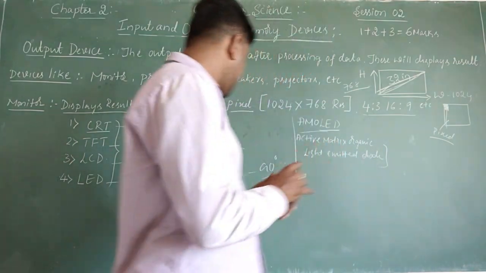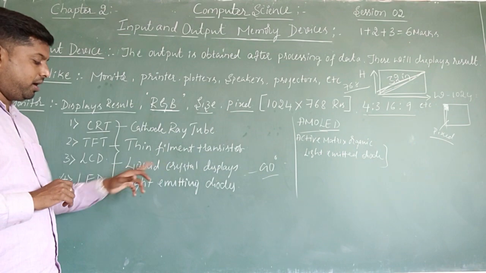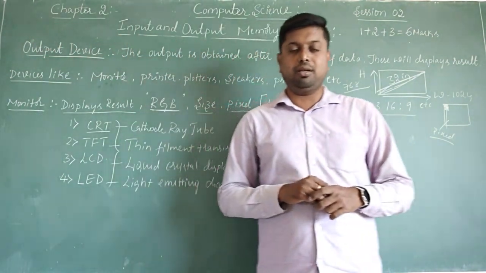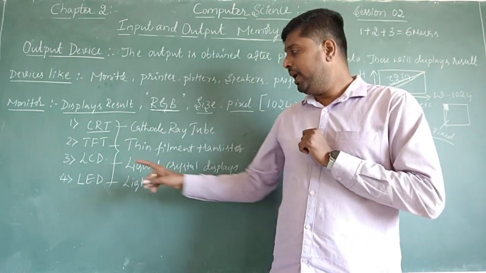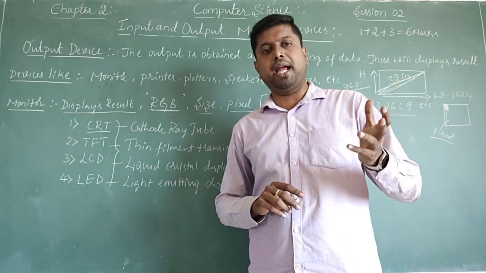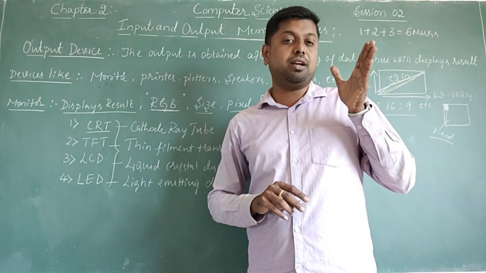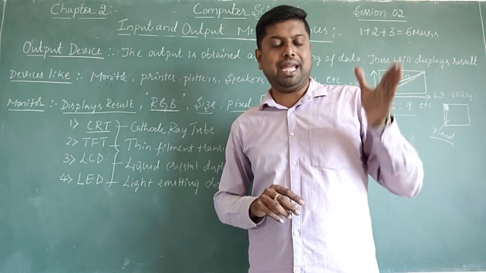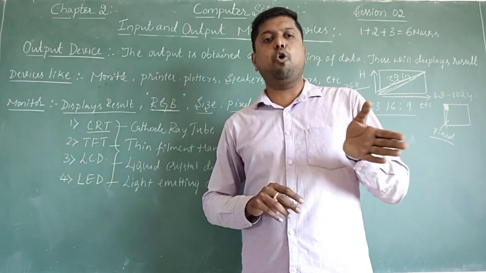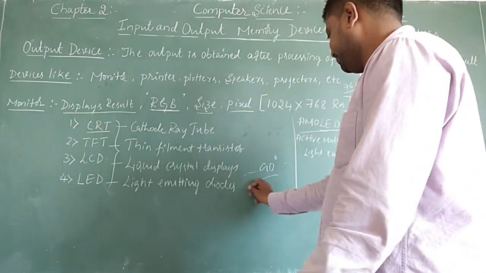If you compare with LCD and LED, this consumes very high power, but compared to light emitting diode, it requires very little power. And as I said earlier, for LCD the viewing angle should be 90 degrees, otherwise you will lose some clarity in the image, but that problem will not be in LED or AMOLED, because it supports almost all viewing angles, 180 degrees.